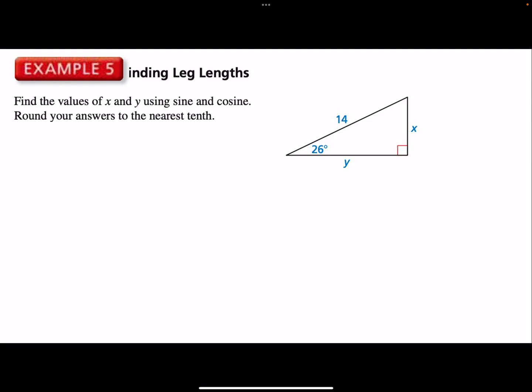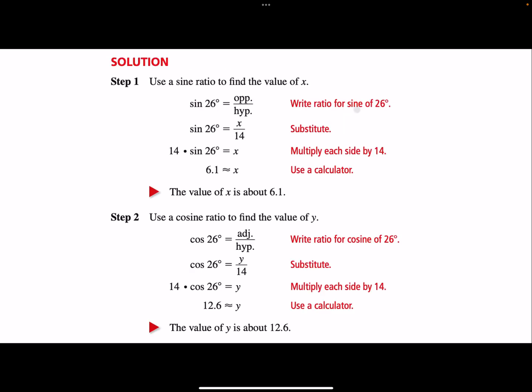If I do that, the sine of 26 is equal to the opposite, which is x, over the hypotenuse. So if I have x over 14 equals the sine of 26, I'm going to multiply both sides by 14, so x equals 14 times the sine of 26.